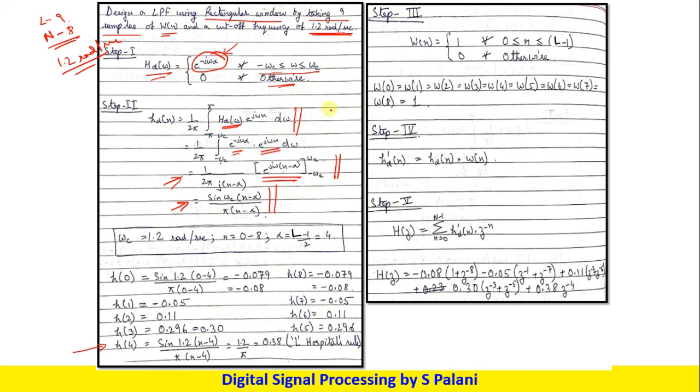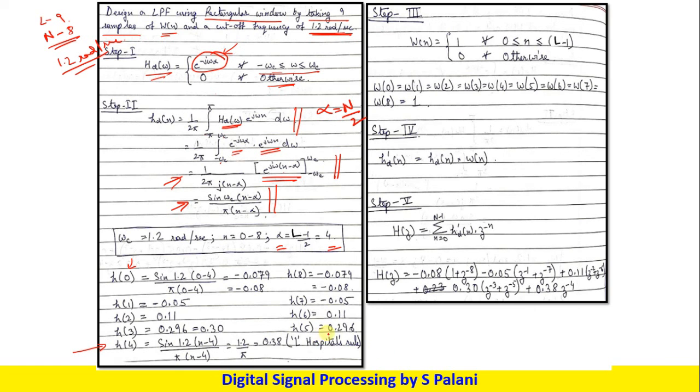Alpha is equal to N by 2, or you can say (L minus 1) by 2, whatever you want. So we get alpha equal to 4.